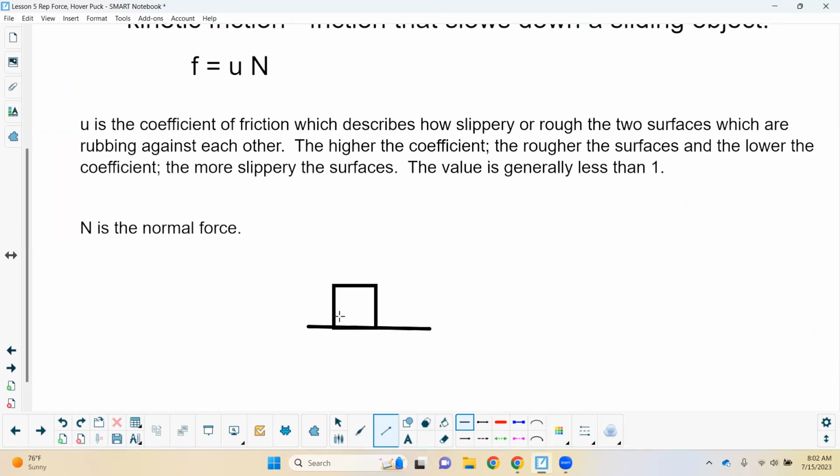If you look at the interaction between the surfaces, they're actually bumpy. So let me draw this. If we zoomed in with a very powerful microscope, the box might be bumpy like this, and the table, which is the bottom surface, would be bumpy as well.